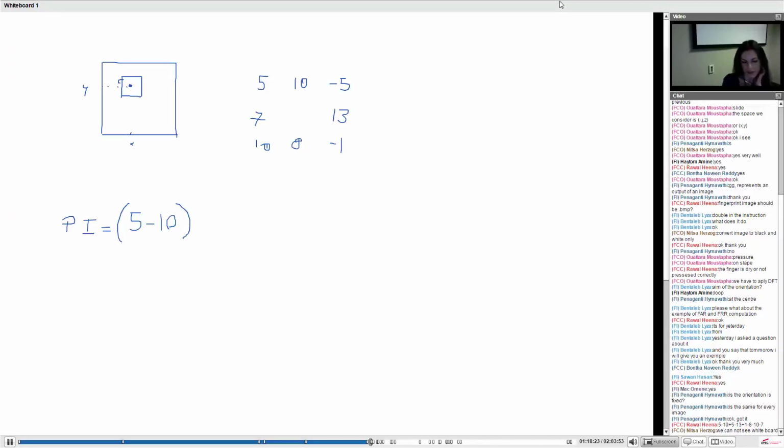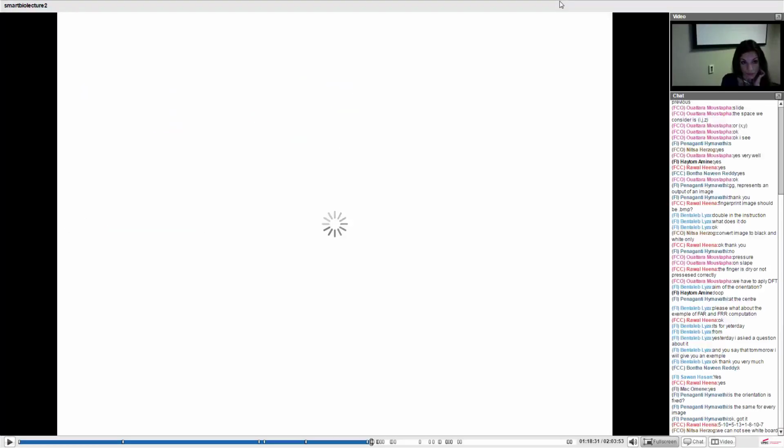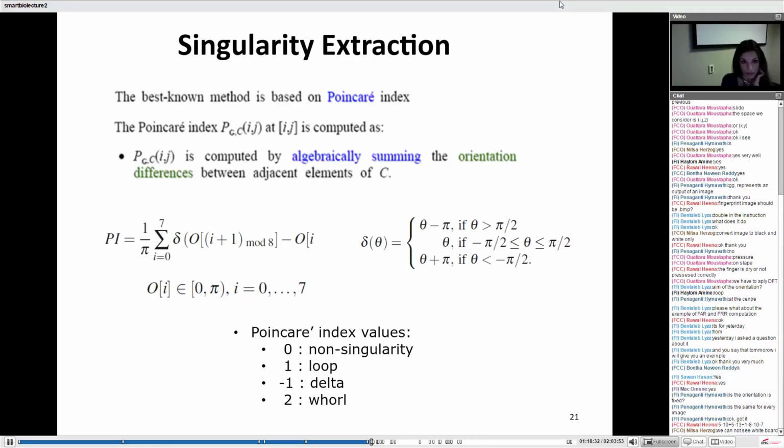So the result is minus 5, the first delta, and then we need to go into the detail of the formula and consider where this difference is with respect to one of the 3 ranges.